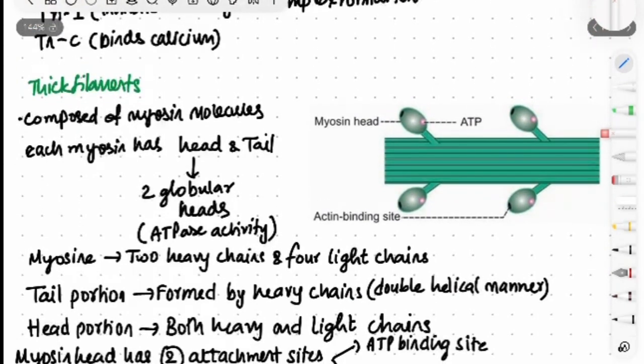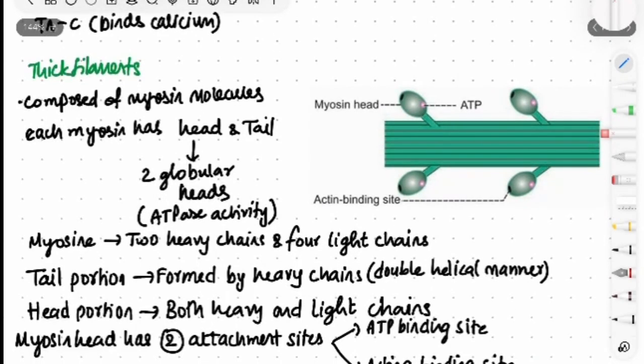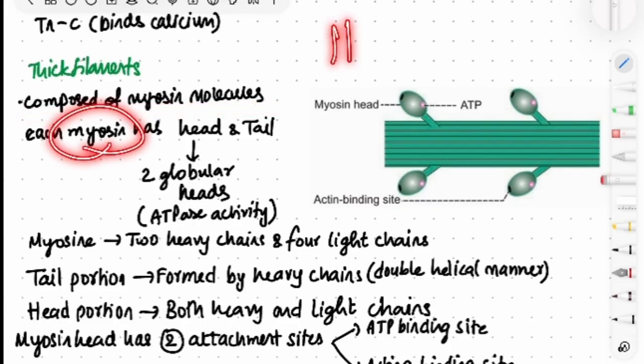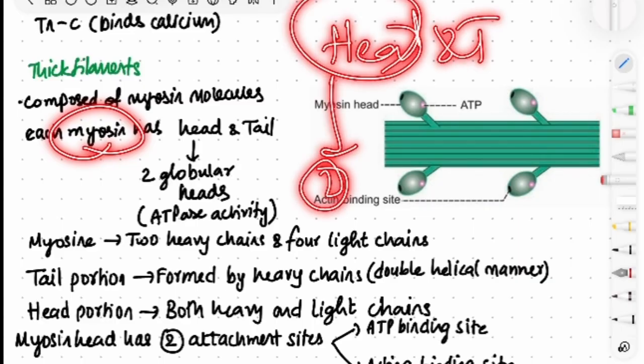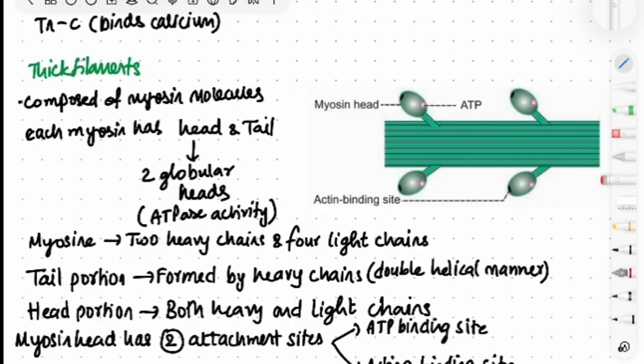Now we'll talk about the thick filaments. These thick filaments are composed of myosin molecules, and each myosin molecule has a head and tail. There are two globular heads present in a myosin molecule, and these heads have ATPase activity. Remember, myosin has two globular heads and a tail.